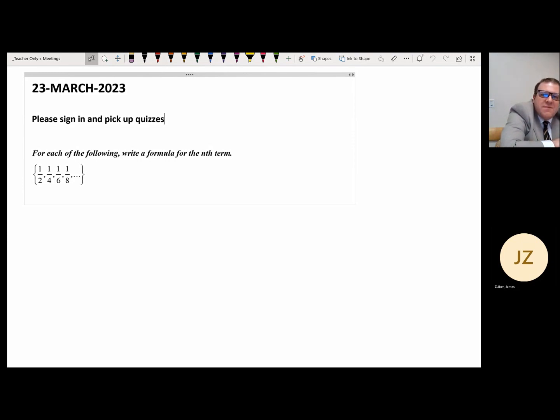When n equals 1, we have a half. When n equals 2, we have a quarter. n equals 3, we have a sixth. n equals 4, we have an eighth. Well, they definitely have one thing in common. The numerator is always 1. So there's a start.